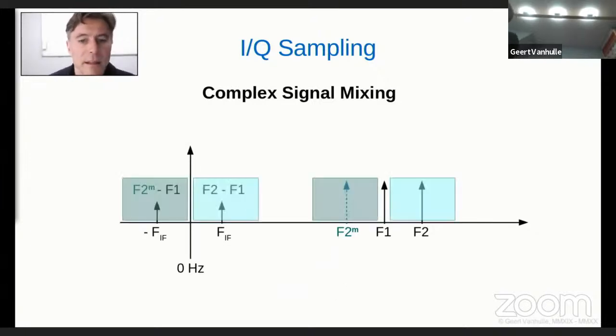This means that if we sample a bandwidth around our local oscillator, we have our bandwidth of interest that is normally above our local oscillator, but we also have the bandwidth below our local oscillator that we can use, because it will be projected around the 0 hertz line in the frequency spectrum. They will be projected as negative frequencies.